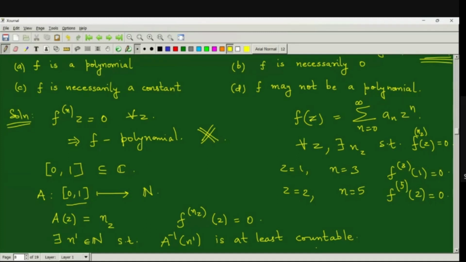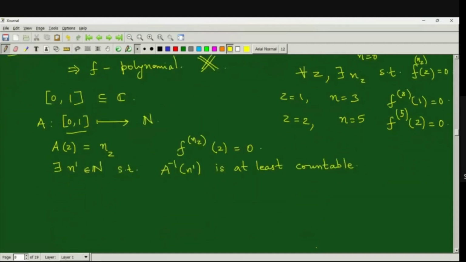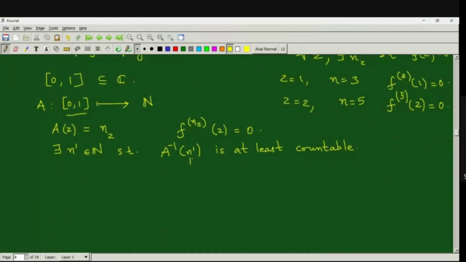Yes. Okay. Take that particular n naught. For simplicity, I am taking that n naught to be m. And we know that A inverse of n' is countable. So let me take some sets.